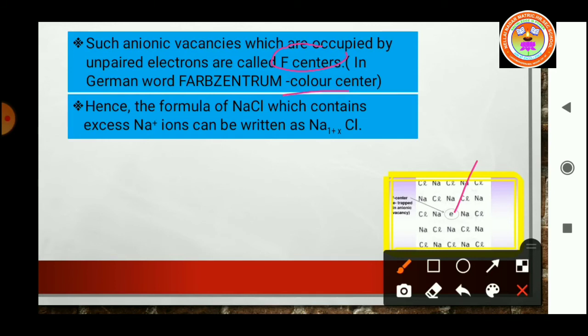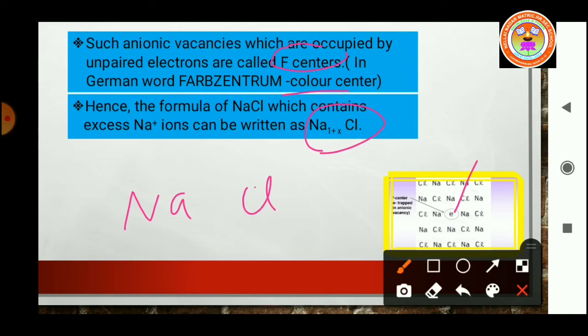Okay, so how to write the formula of NaCl here? The formula of NaCl contains excess Na plus ion, isn't it? Because one Cl is missing from the lattice point, so Na plus is increased. That's why it is written like this. When Na and Cl are equal, that is called stoichiometry.